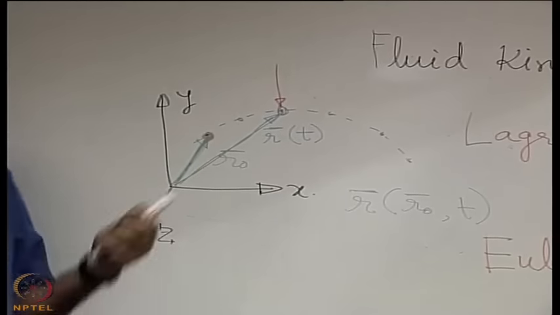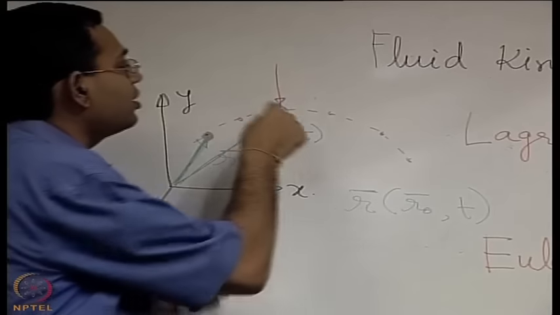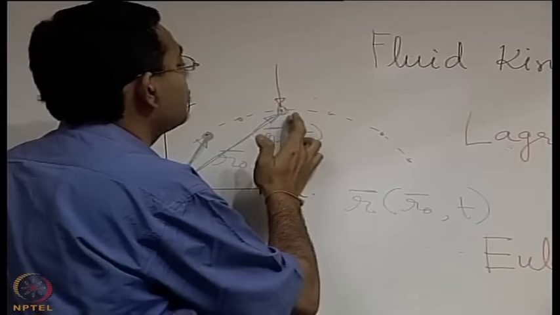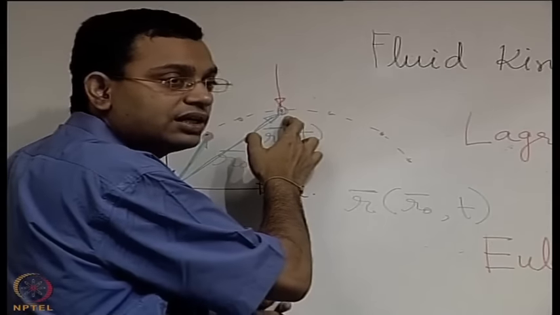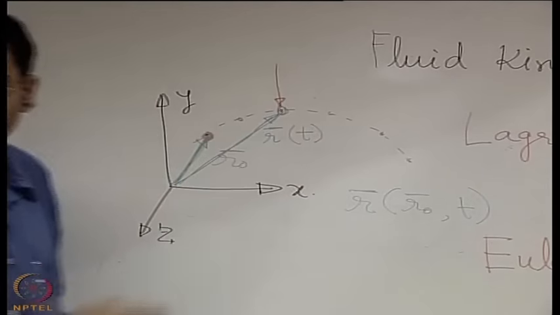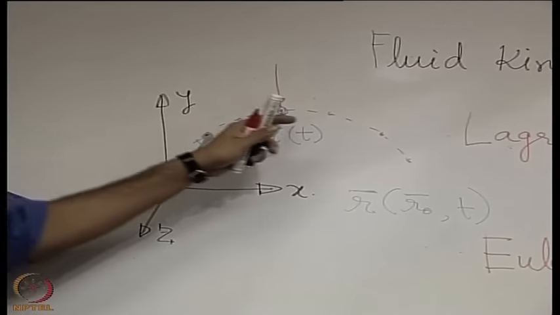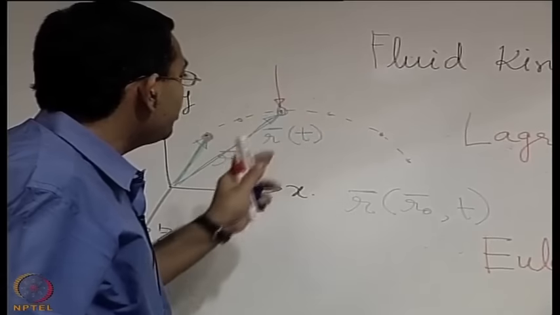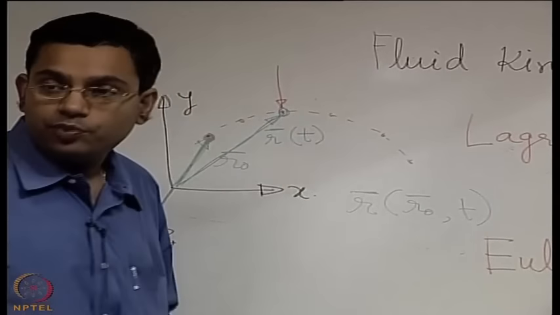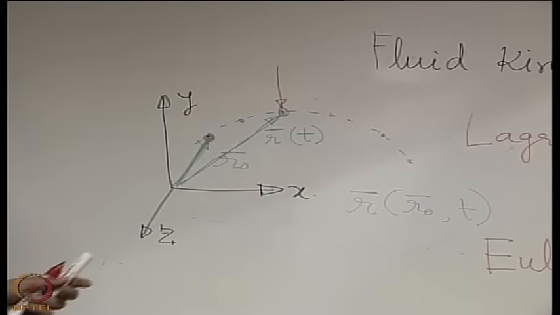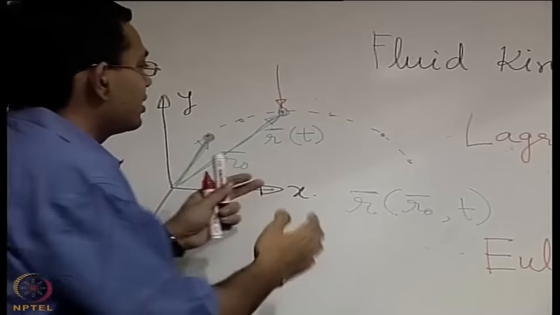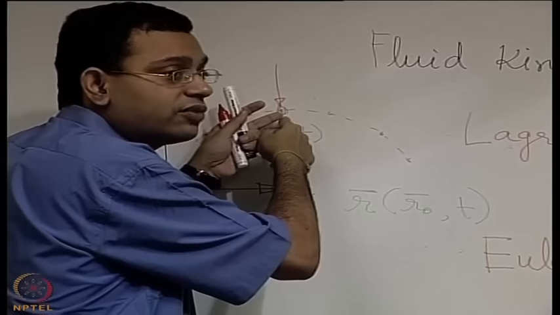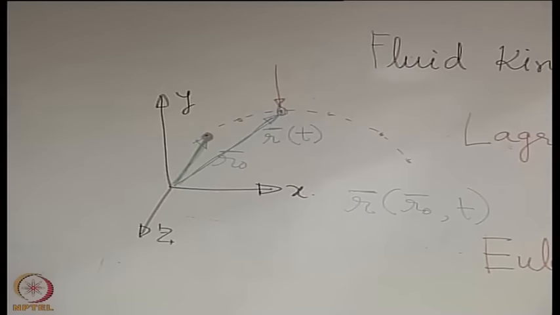If such was a particle, then at a particular instant the velocity of the particle which is seen by an observer who is focusing the attention here is known as the velocity obtained by using an Eulerian approach. Again, that velocity would be the same as the velocity of a tracer particle that at that instant of time was passing through that position.